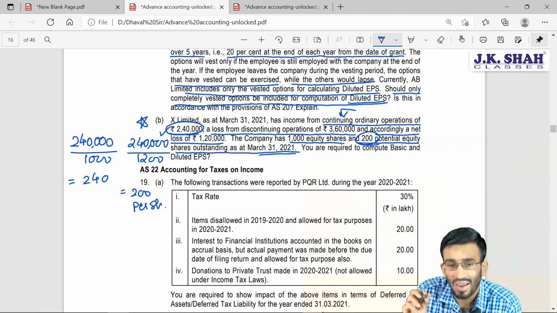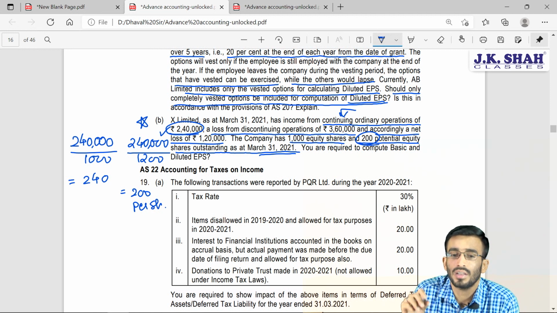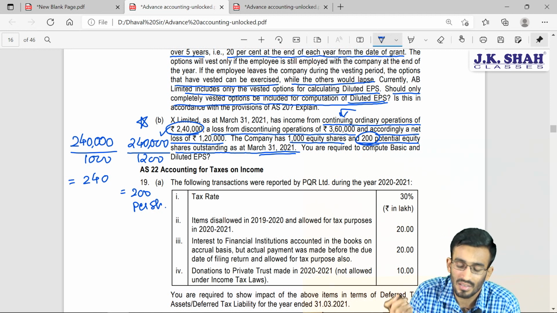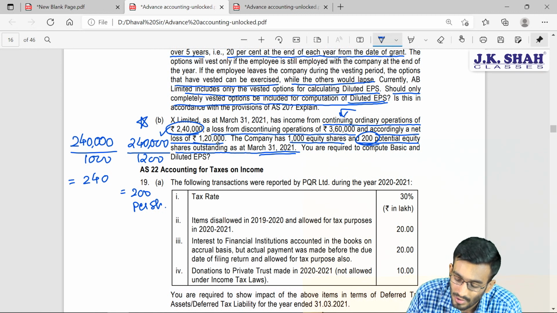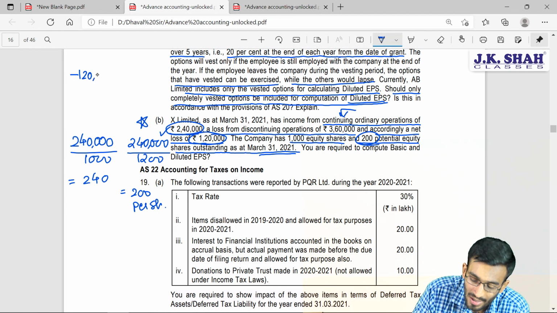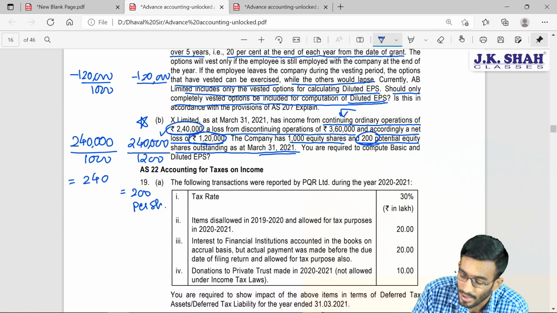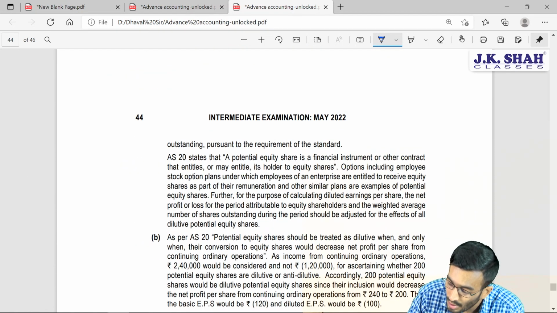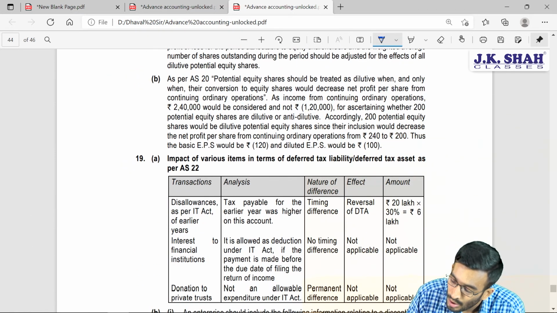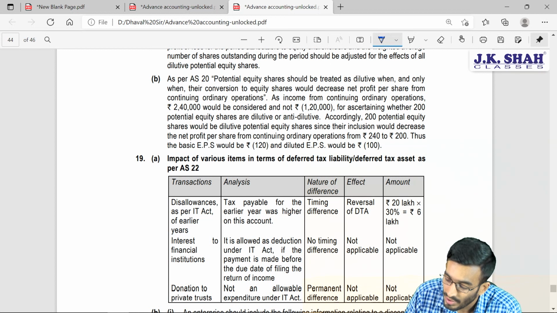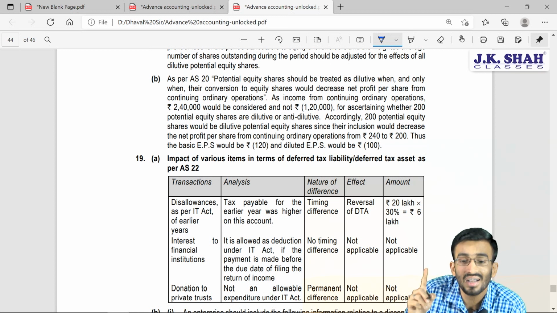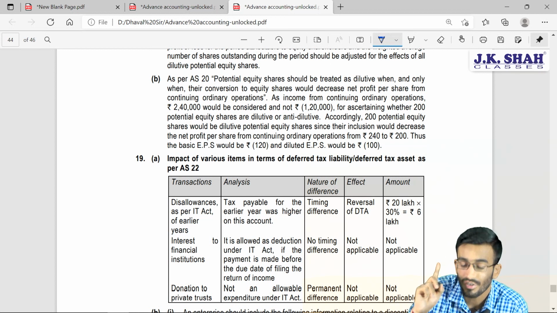But now finally, for the purpose of calculation of EPS, we will go for the final net profit or loss, that is negative 1,20,000. So negative 1,20,000 divided by 1,000 shares, and negative 1,20,000 divided by 1,200 shares. You can see the solution. For checking whether it is dilutive in nature or not, we consider the continuing operations profit.